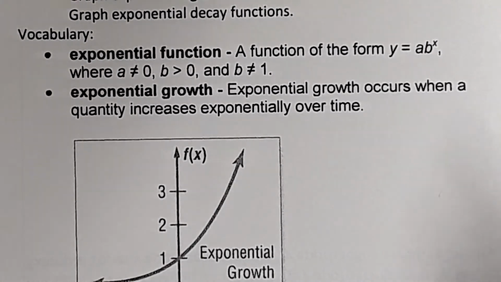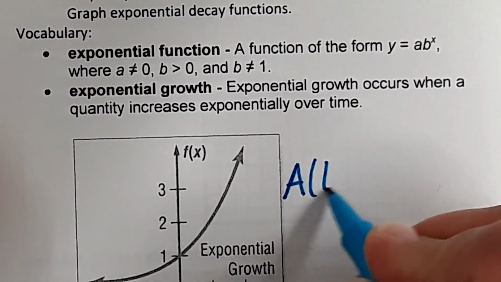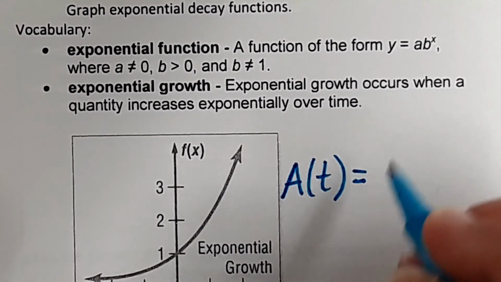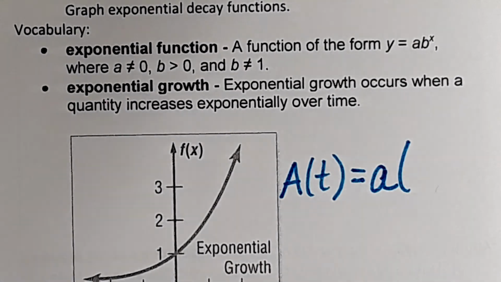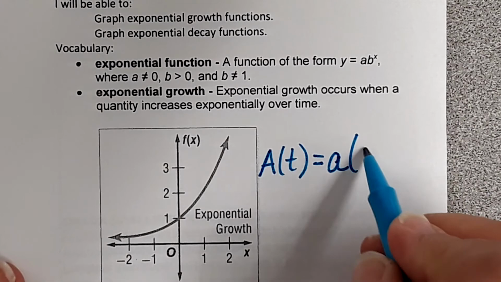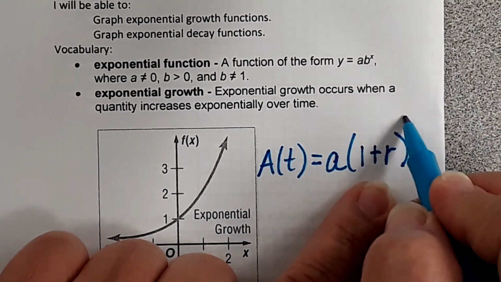There's exponential growth. Exponential growth is A of t, t being the time, A being the initial amount, times 1 plus r, raised to the t.